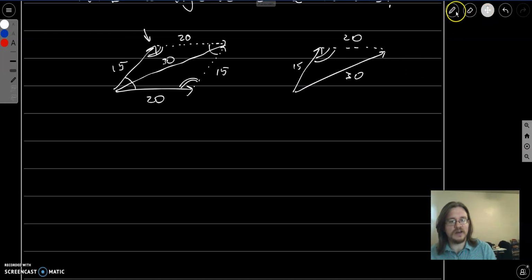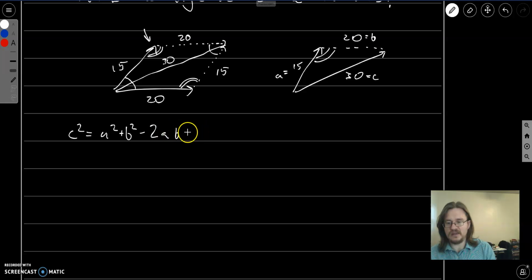And again, I'm going to use the law of cosines. So if I call that guy C, if I call this guy A and this guy B, I know that C squared is going to be equal to A squared plus B squared minus 2AB times the cosine of the angle between A and B, which is the one that I want.